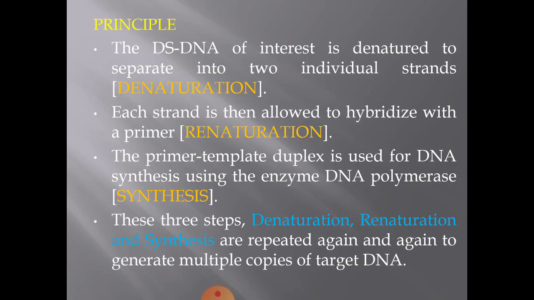And once you get a primer template duplex, if it is used for DNA synthesis in presence of the enzyme DNA polymerase, it is called synthesis. So these three steps, denaturation, renaturation and synthesis, are repeated again and again and again to generate multiple copies of target DNA. This is exactly the principle of PCR.